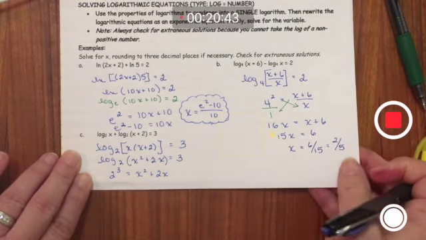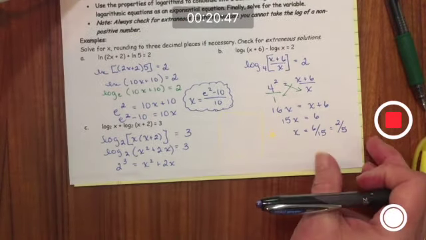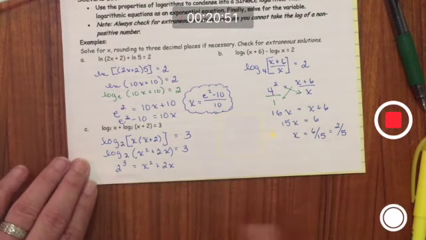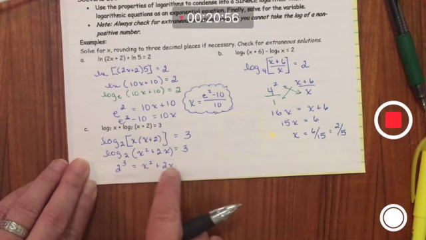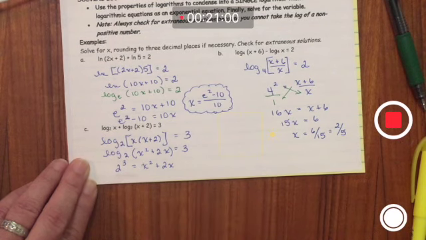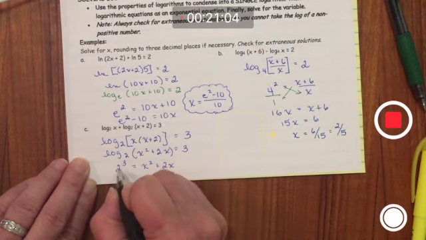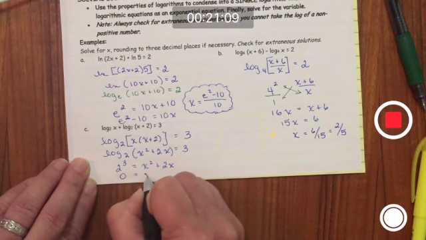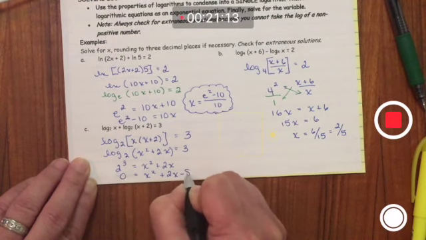Now it's a quadratic, and that means it's going to be a little more challenging to solve than just a linear equation. Anytime we have a quadratic, and this is a trinomial because I have a quadratic term, a linear term, and a constant, we move everything to one side of our equation and then apply the zero product property. So 2 to the third has a value of 8, so I'm going to move that 8 over to the right side.